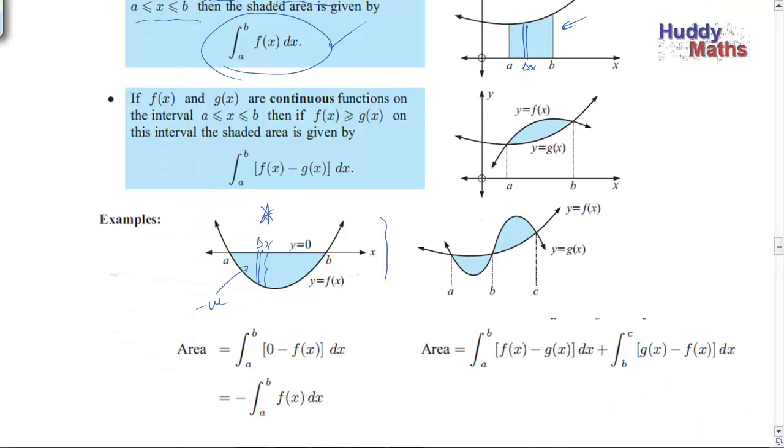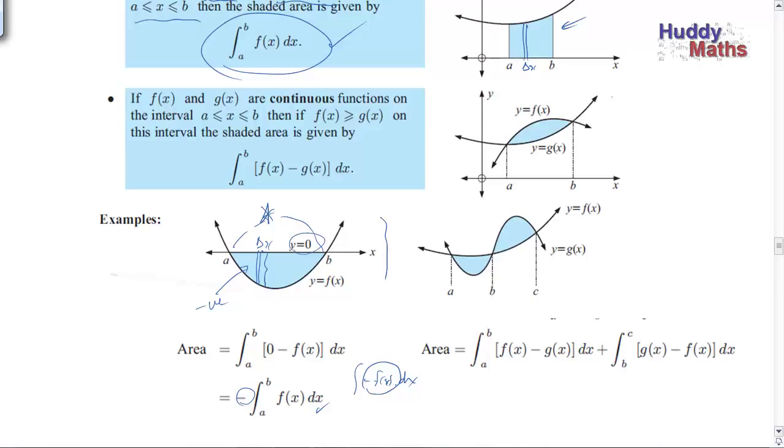You could take it away from 0, thinking of that as another line, or you could just say, I will integrate negative f of x. Okay, so I'll turn it upside down. We'll find another way of doing that in a minute. So negative f of x would make the function like that, so that the area would be positive. Or we could put a negative out the front. So we're just adjusting the fundamental theorem a little bit.